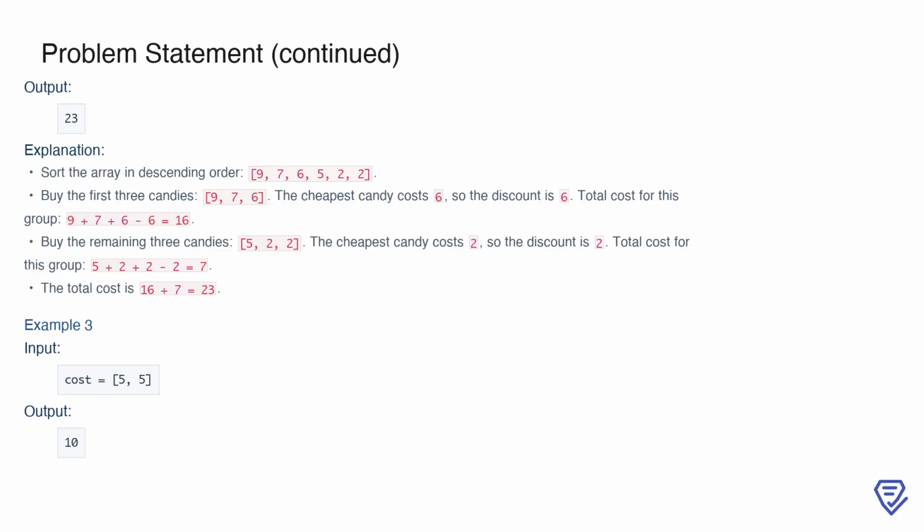The total cost for this group is 9 plus 7 plus 6 minus 6 equals 16. For the remaining 3 candies, 5, 2, 2, the cheapest candy costs 2, giving a discount of 2. The total cost for this group is 5 plus 2 plus 2 minus 2 equals 7. Adding these together, the overall minimum cost becomes 16 plus 7 equals 23.